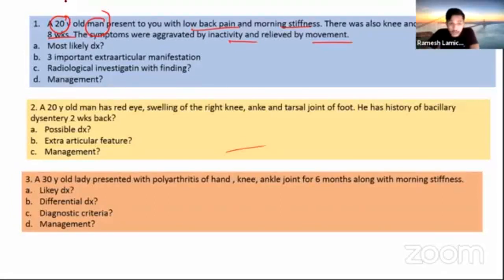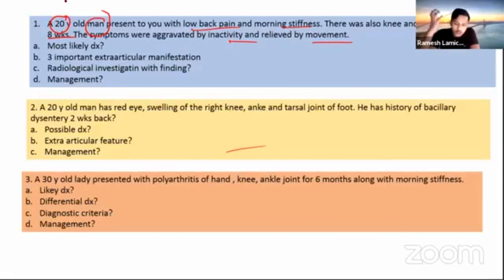First thing, look here. It is saying male patient. So in male patients, rheumatologic disease is not very common. Among arthritis, like seropositive and seronegative arthritis, the common ones in males are ankylosing spondylitis and reactive arthritis. So here, look, lower back pain and morning stiffness.